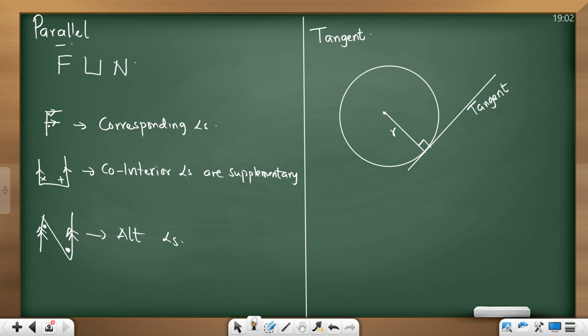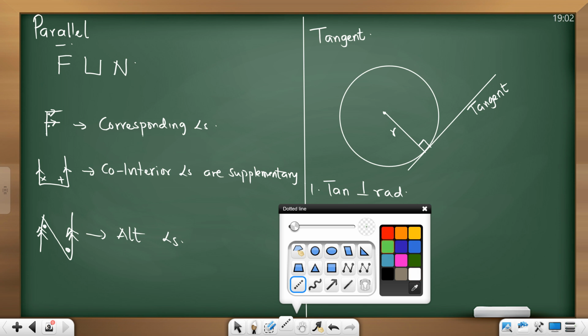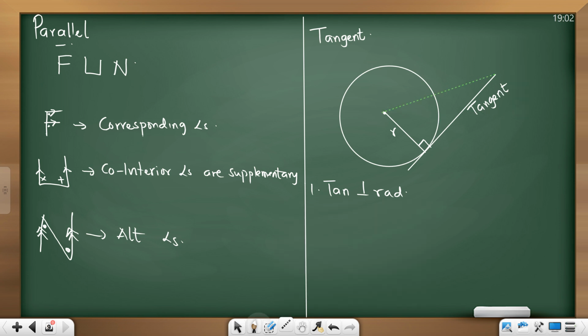Radius and tangent are perpendicular. Number one, tangent perpendicular to what? Radius. That's very, very important. When I see that, you know what I also consider? Pythagoras, because that gives me a right-angled triangle. And when I see that, I consider Pythagoras and SOHCAHTOA every time.